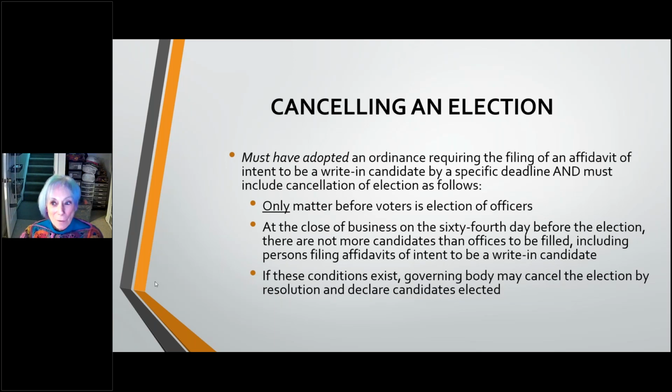Now, let's say you have 3 trustee positions on the ballot and you only have 2 candidates, and all the other conditions apply for canceling the election. Again, you cancel the election, you adopt a resolution that says you cancel the election. These 2 people whose names would have appeared on the ballot are elected, but now you have a vacancy to which you appoint someone.